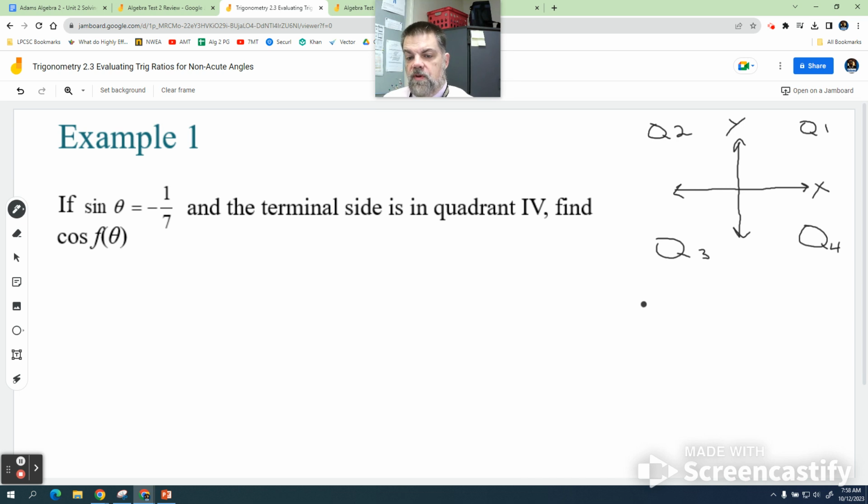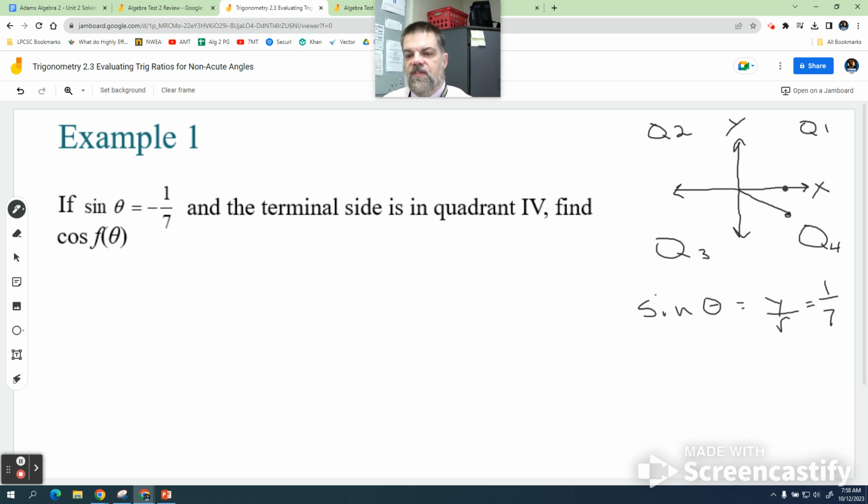So also remember that sine of theta is equal to y over the radius r. So that means that my radius is 7, and also my y value is 1.